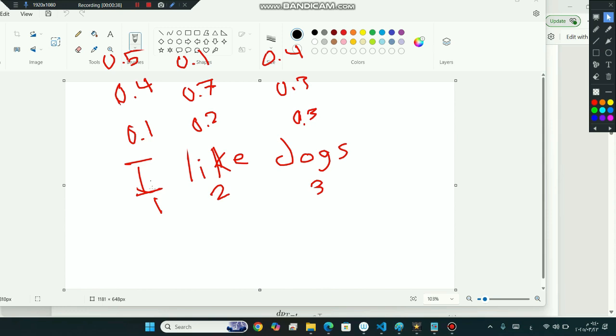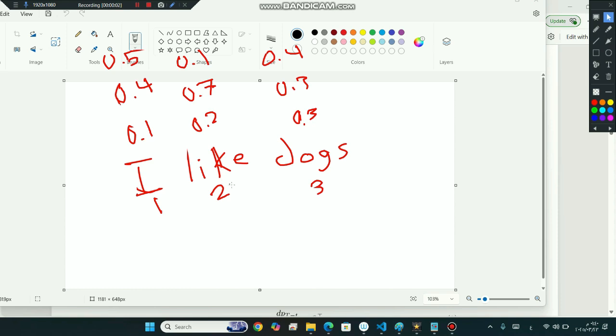So, for example, we have a probability of 0.1 for the word dogs to appear at this first slot of the sentence. We have the probability of 0.5 for the word I to appear at this slot of the sentence, and we have a probability of 0.4 for the word, for example, like, to appear at this slot of the sentence.